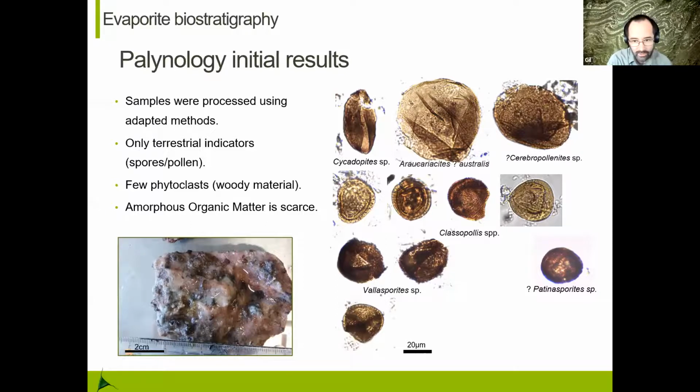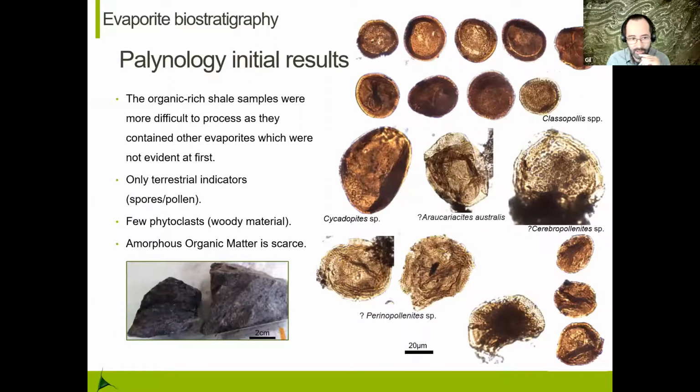So this was an interesting add-on to the work that we were doing: you can use not just the spores and pollen and other particles for biostratigraphy, but you can also use these phytoclasts, aka vitrinites, to measure the thermal maturity. So you can have even more data from your salt samples.